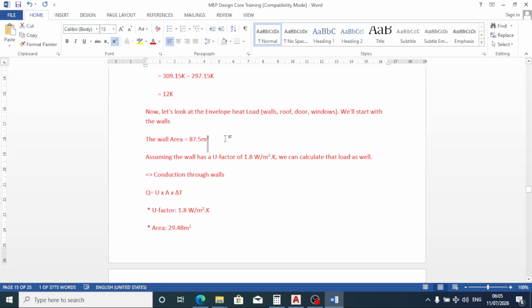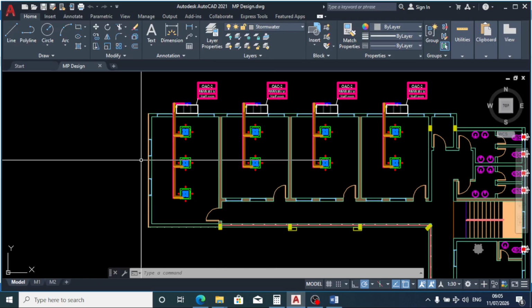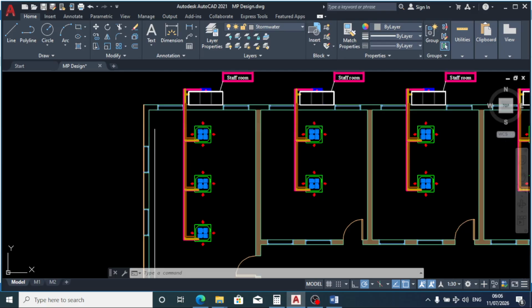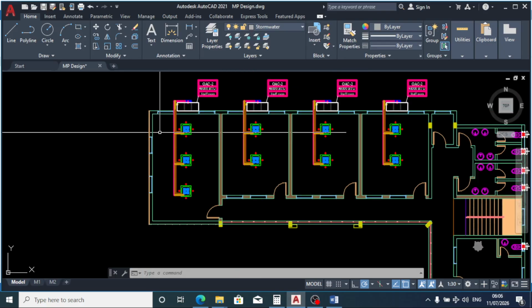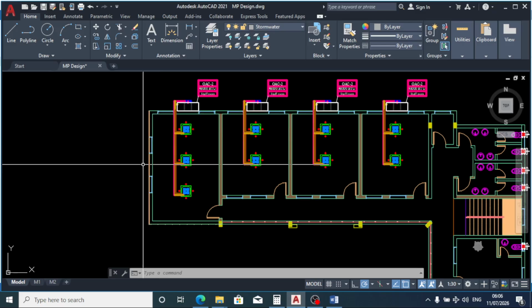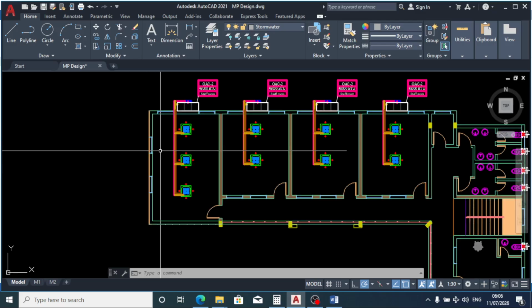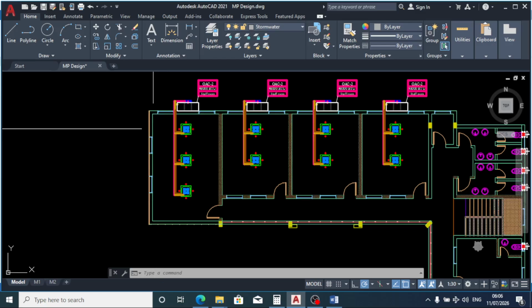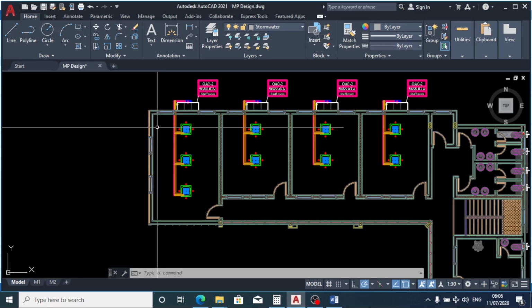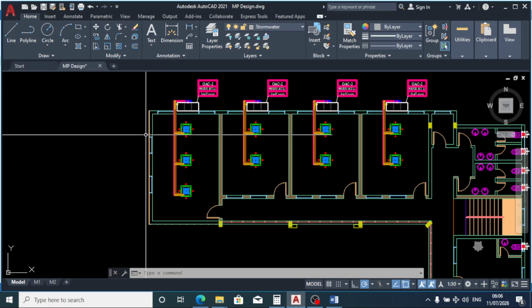Remember our architect did not furnish us with the wall schedule, so we are just going to assume that the wall is a common wall which we normally use, that is a 230 mm hollow block with 20 mm plastering or rendering on both sides, that is the outside, the external and the internal.